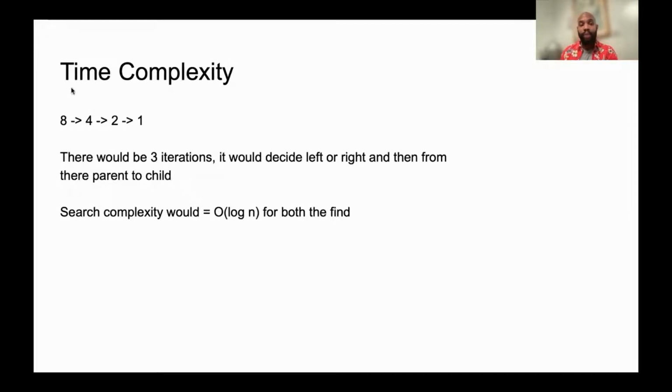So again, with the time complexity, if we have 8 elements in a binary search tree, each time we go through, we would halve. So we would move from 8 to 4, and from 4 we would go to 2, and from 2 we would go to 1. And that would make 3 iterations through the tree with the search complexity of O(log n).